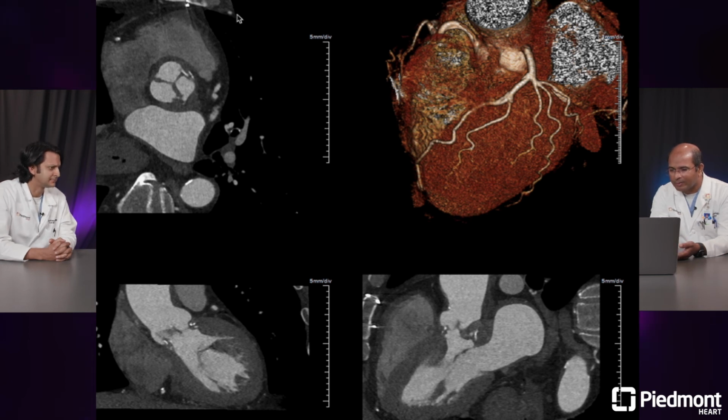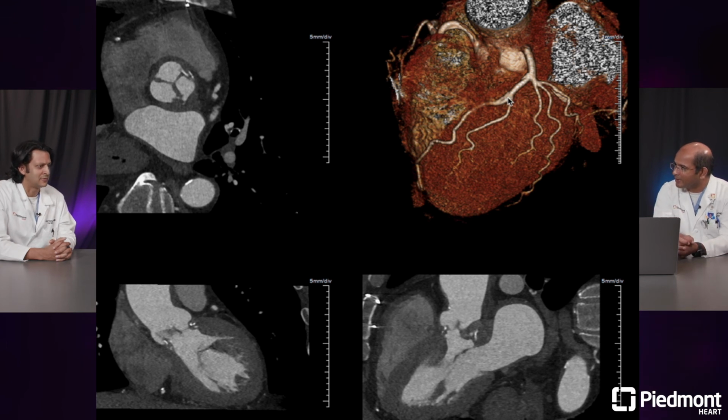Looks like you had very good images of the coronary arteries too in this patient. Yes, that's another advantage of these 4D CTs that we get for looking at the bioprosthetic valves. You're going to be able to image the coronaries very, very well, even without the use of beta blockers or nitroglycerin to try and improve the imaging. We can still see the coronaries very well. Looks like the surgical planning pretty much was done.